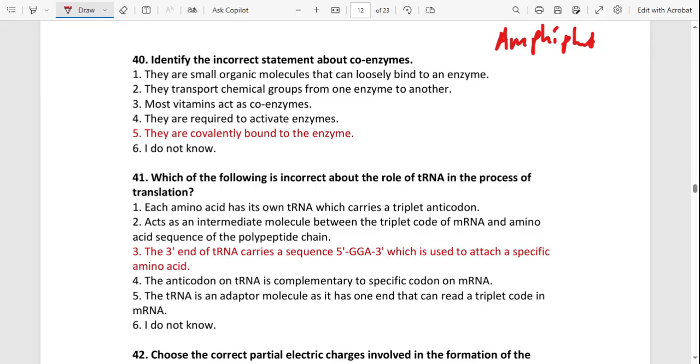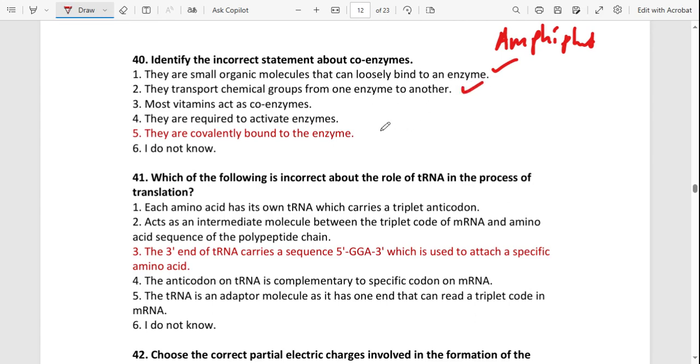Identify the incorrect statement about coenzymes. They are small organic molecules that can loosely bind to enzymes. This is true. An enzyme without a coenzyme is inactive. They transport chemical groups from one enzyme to another. That's also true.